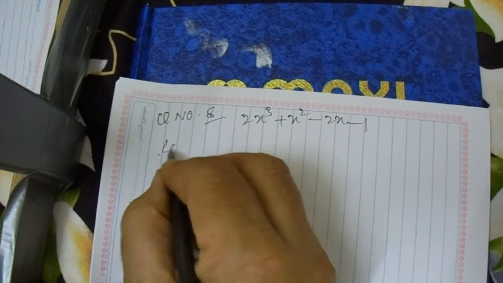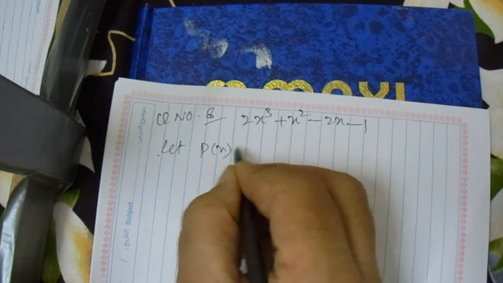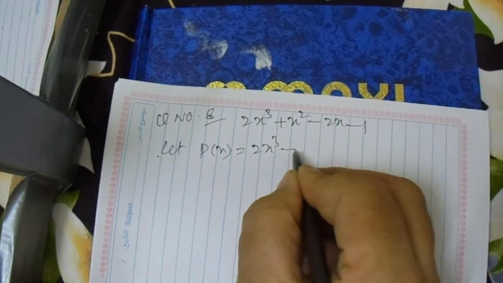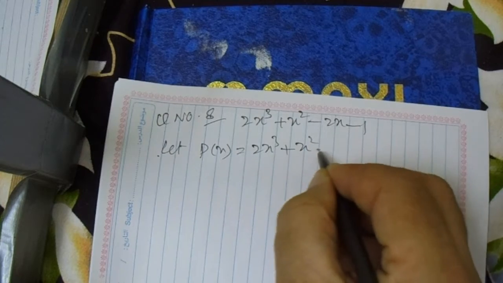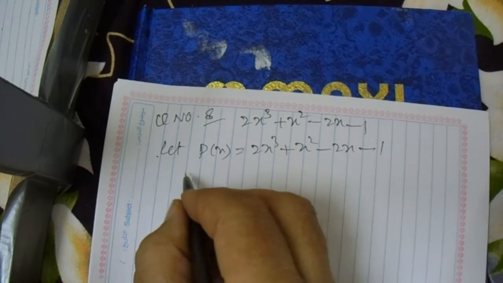Again the same procedure. Let P(x) = 2x³ + x² − 2x − 1.